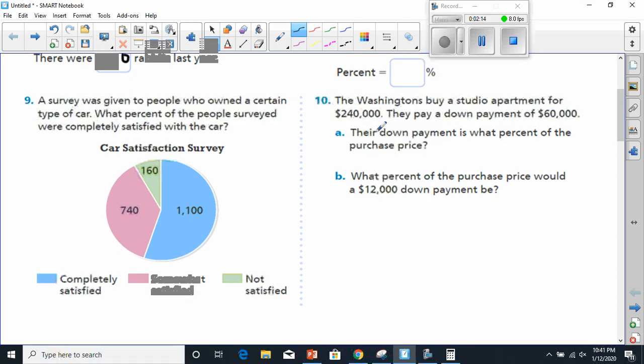Number 9 says a survey was given to people who owned a certain type of car. What percent of the people surveyed were completely satisfied with the car? Well, it says here completely satisfied is the light blue box, which is 1,100. So we have to find out how much that is of the whole before we can find out what percent we're dealing with.